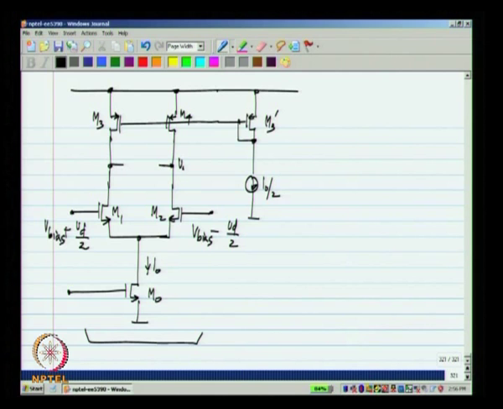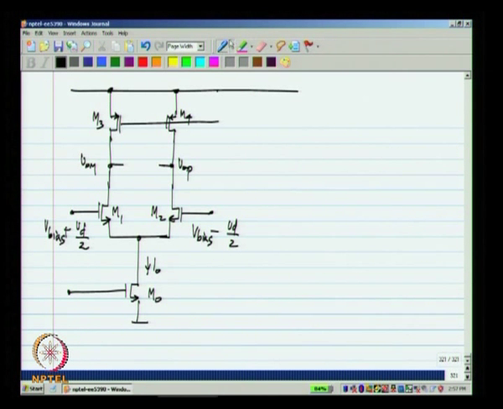So, let me call this VOP and VOM. Okay. I can't use this kind of biasing, this has to come from feedback, okay, which is usually called the common mode feedback or CMFB.